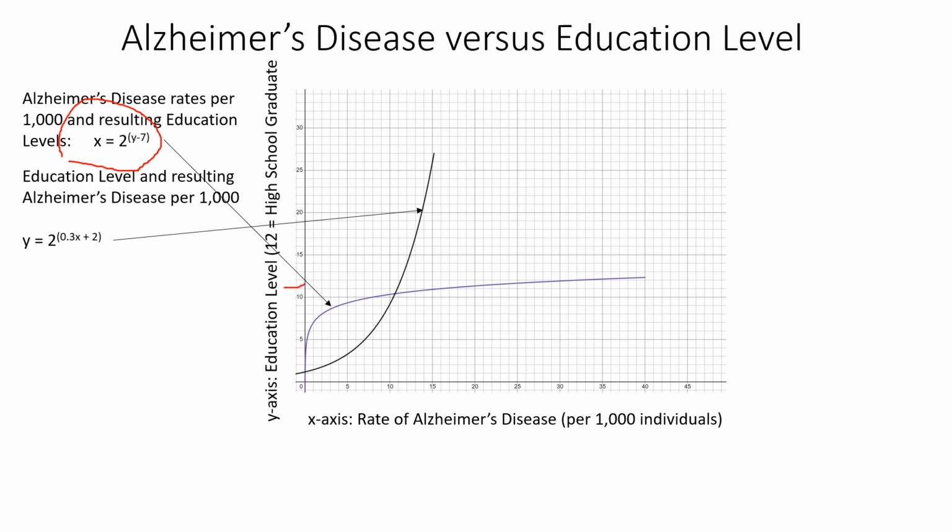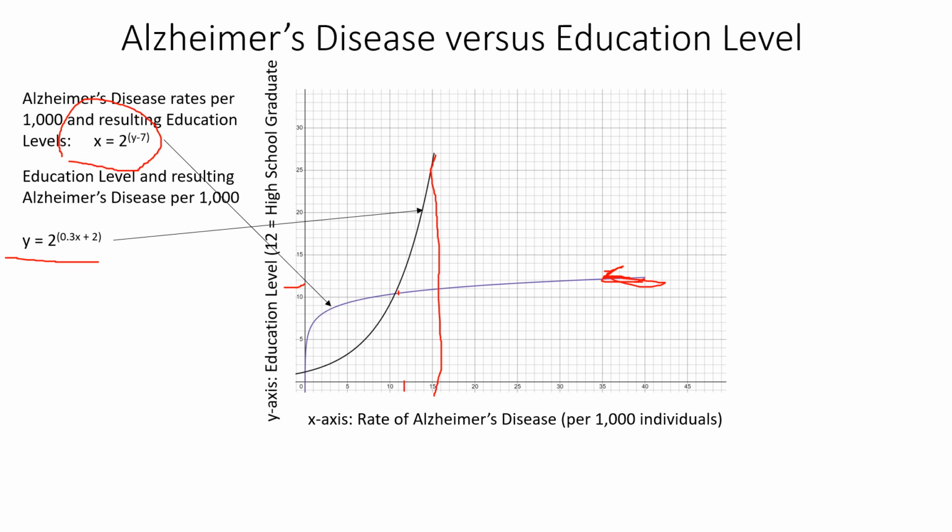And the higher education they had, this was the rate per 1,000 individuals of Alzheimer's. Now, the education level resulting in Alzheimer's disease per 1,000, what they noticed here, and this is also education level, this would be 12, this is the average right here. And they realized the more education, the less likelihood of suffering advanced dementia. So this is an invertible function.